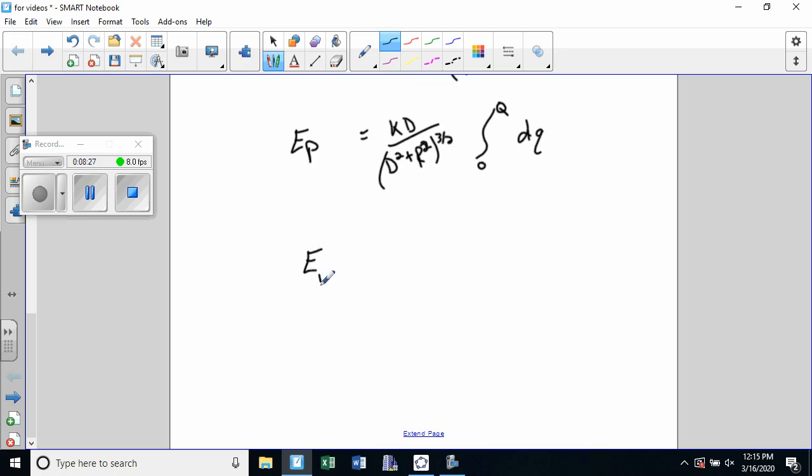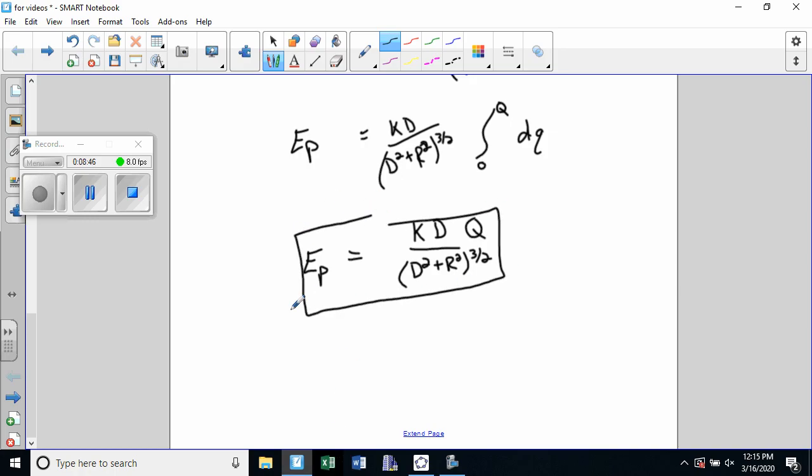E at point P is just k d over d squared plus R squared to the 3/2 times, again, the integral of dq is just q, evaluated from 0 to Q, gives me a Q to the first power. All right. So that's it. That's the electric field at point P along the center axis due to a ring of charge.